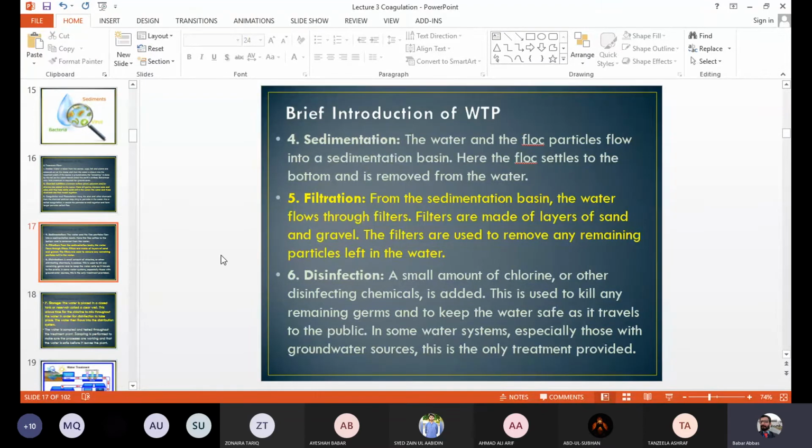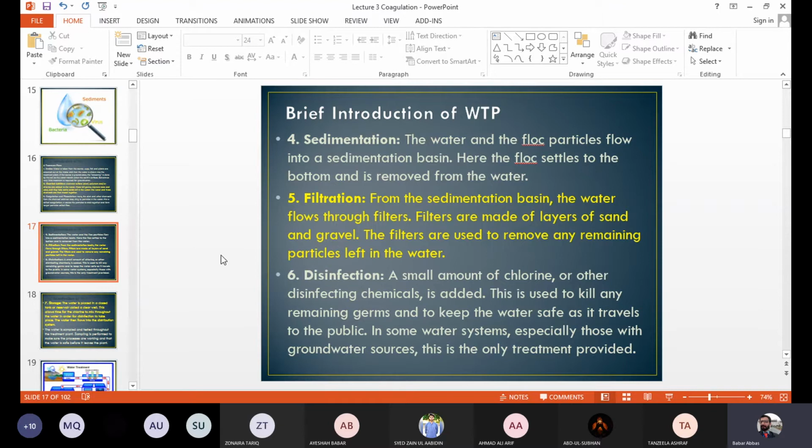We have already discussed that there must not be a single microorganism present in the water sample after the treatment. So after passing the water through all these processes, if microorganisms have escaped or have reached this point, then we add some disinfectant, and we destroy or inhibit the microorganisms so that they cannot cause any diseases in the consumer.